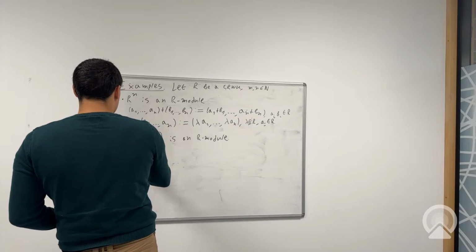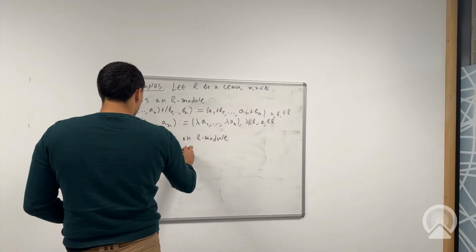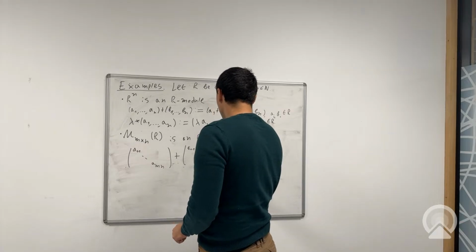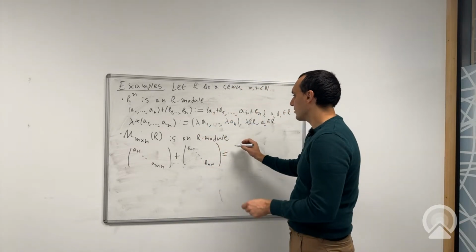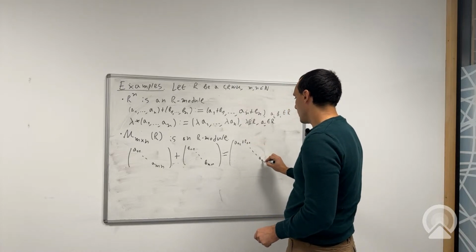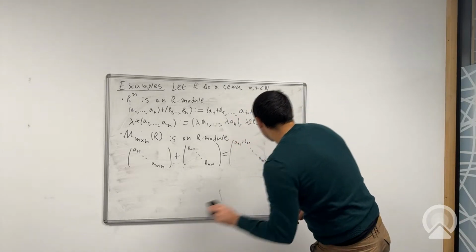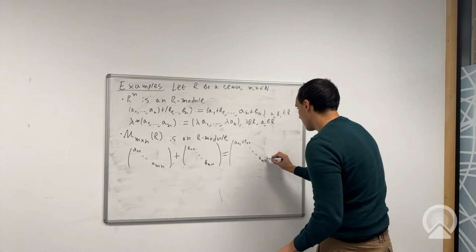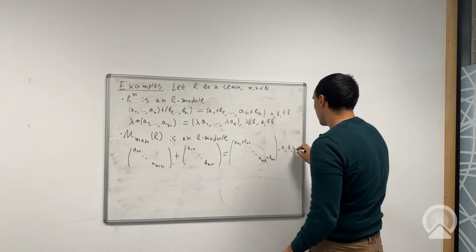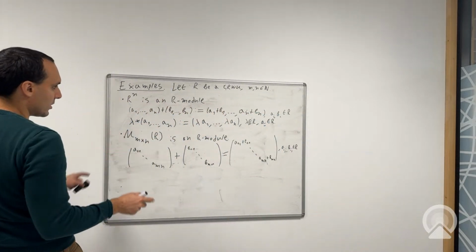If we have the matrix (a_11 to a_mn) and add to it (b_11 to b_mn), this is by definition the sum of the components: (a_11 plus b_11 to a_mn plus b_mn), for a_ij, b_ij in R. And here as well, scalar multiplication is given component-wise.